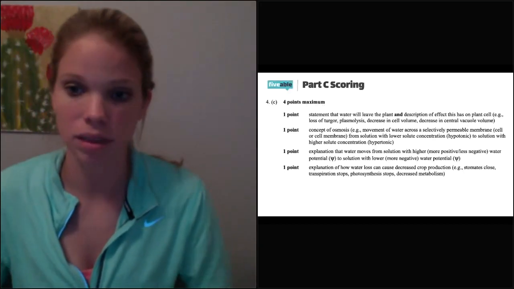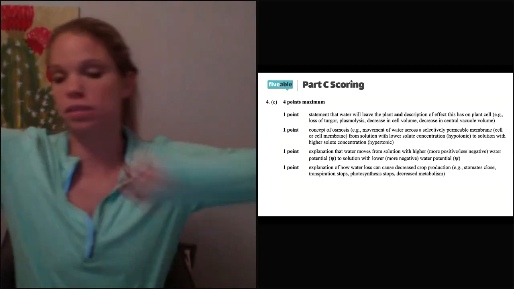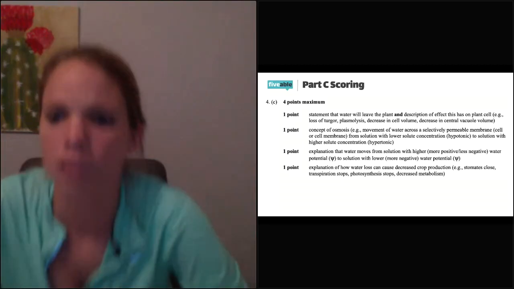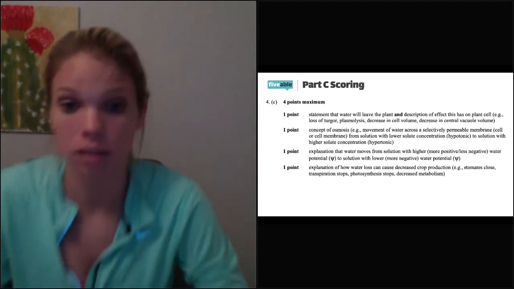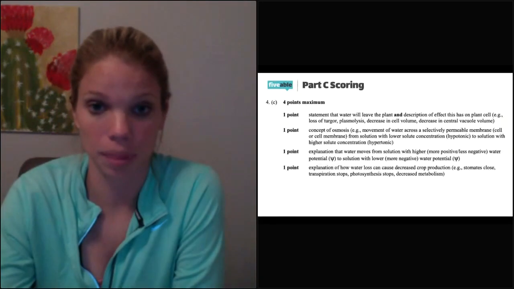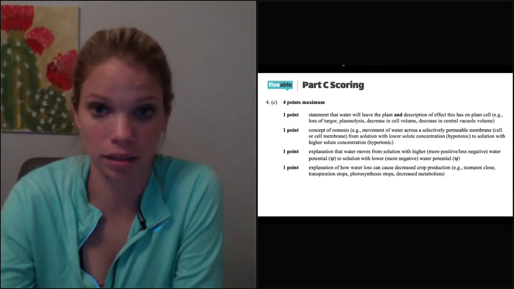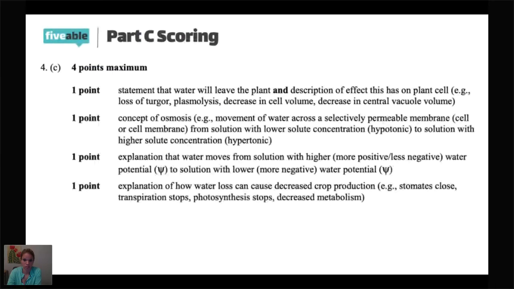Awesome. Hit me. Come on, guys. Got 8 minutes. What do you need? If the solute concentration is high, is the water potential higher or lower? Okay, so let's check back here on this scoring guideline because it kind of lays it out for us. Concept of osmosis. The movement of water across a selectively permeable membrane from a solution with a lower solute concentration to a solution with a higher solute concentration.